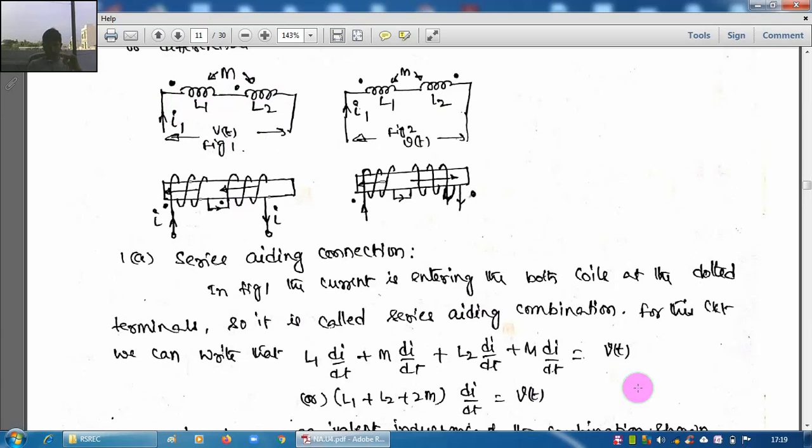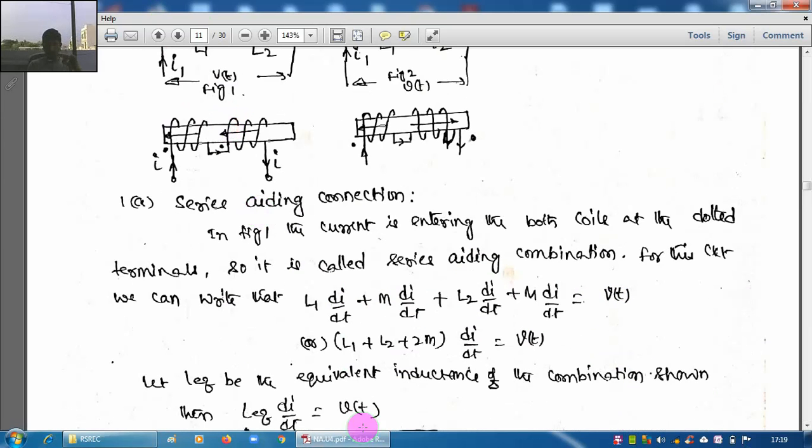If you write minus V going to this side, the equation will be like this. This is the voltage equation of this circuit. Now by taking di1 by dt as common, we will get L1 plus L2, these two added up, and 2M.